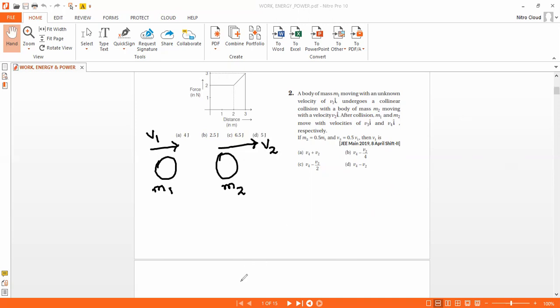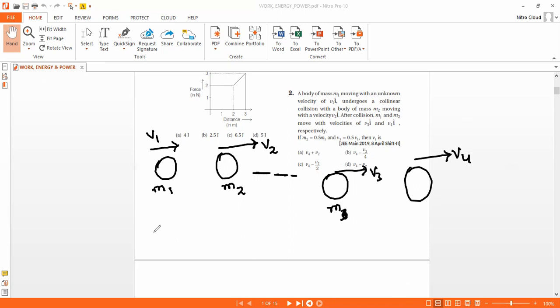After collision, m1 moves with v3 and m2 is moving with v4. Is it fine?